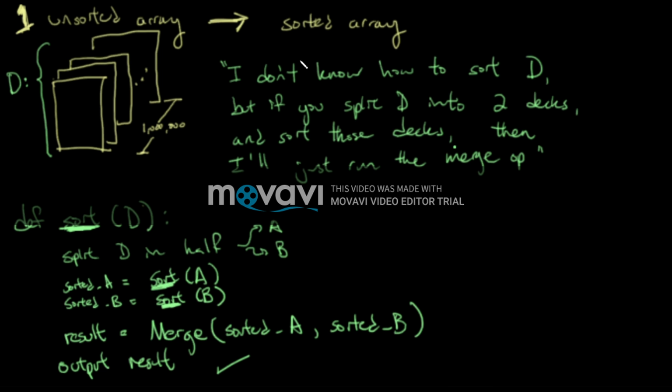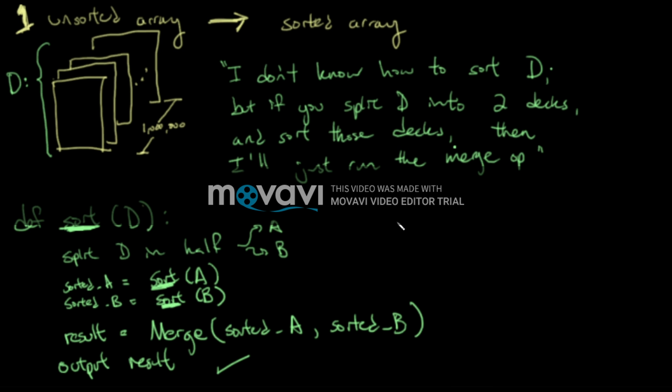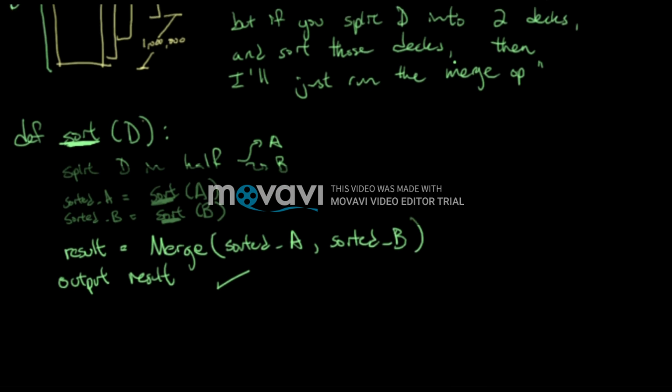The key thing we need to look at is the I don't know how to sort D part. The reason we didn't know how to sort D was because it was a million cards long. There's no way we're going to just be able to look at it and know how to sort it. But there is a case where we do know how to sort it, a very trivial case.